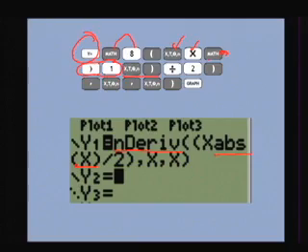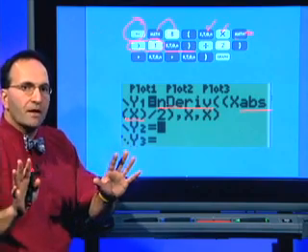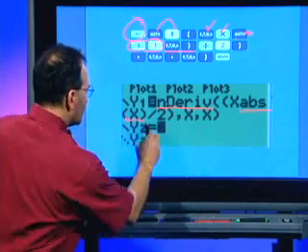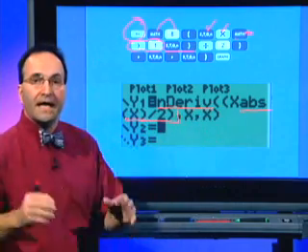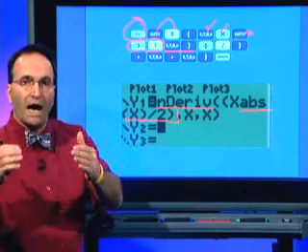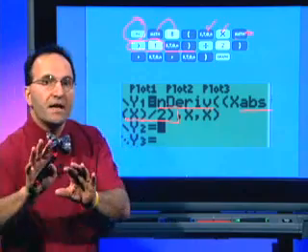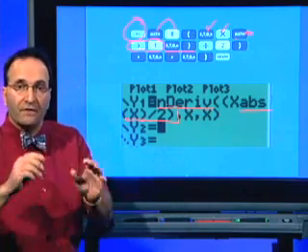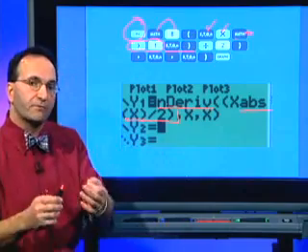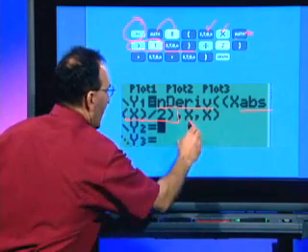Now, remember I said it takes 3 arguments? Well, that first one up to this point right here is the function itself, y equals x times the absolute value of x divided by 2. But now what we need to do is tell it what the variable is that we want to take the derivative with respect to, and that's x.